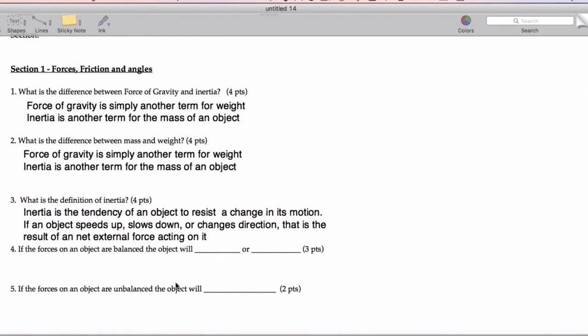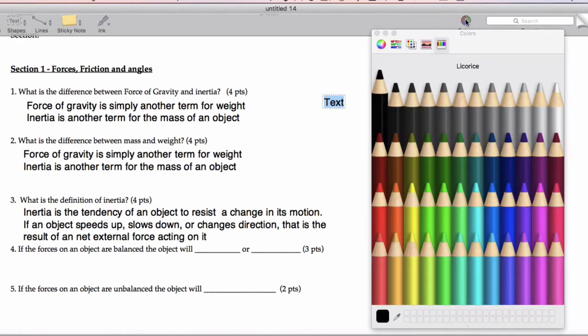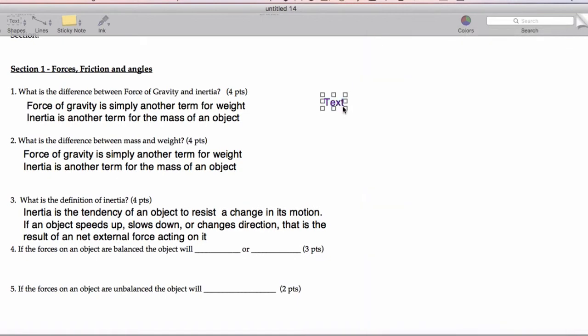Now, I want to distinguish one more term. So we know what inertia is, and off to the side here, I'll do it in a different color just so we know that it's a side note. Let's define what we mean by the force of gravity or the weight. We're going to define that very clearly right now. So Fg, or weight, is the pull of Earth on an object due to gravity.